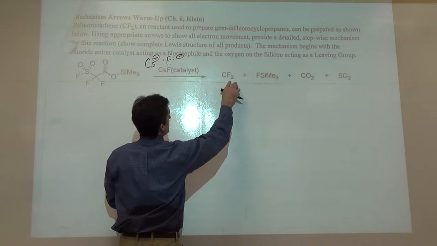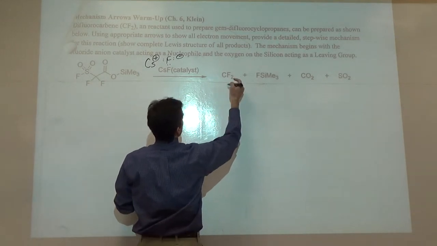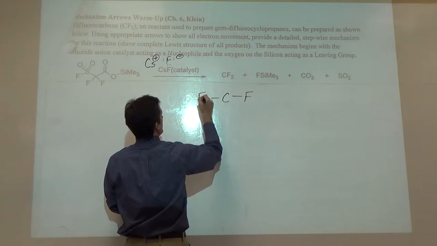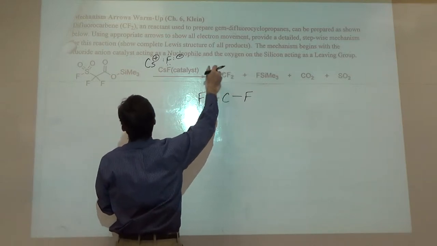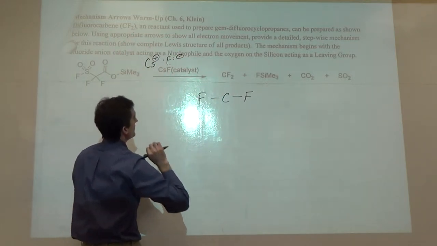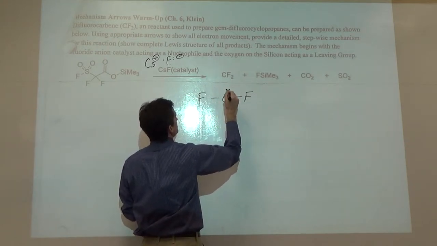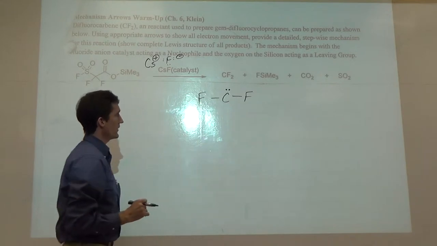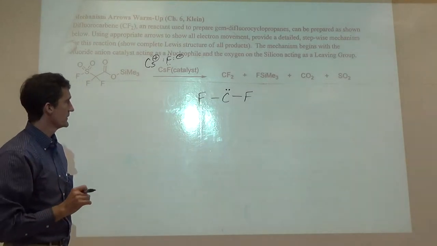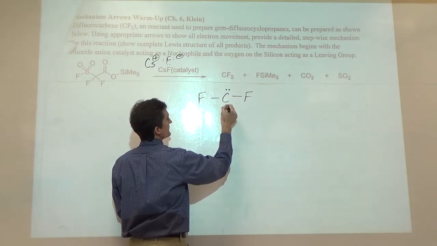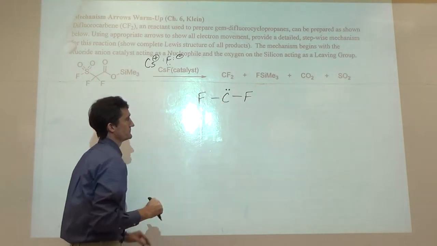Okay, let's take a look at where we're going. First off, Lewis structures. CF2, that's a carbene. That's carbon with two F's bonded to it. It's neutral. I should have put that up there. Carbenes are neutral. There's one lone pair there. And if you do formal charge, that carbon is neutral. In organic 1, I showed a plus and a minus charge on this.